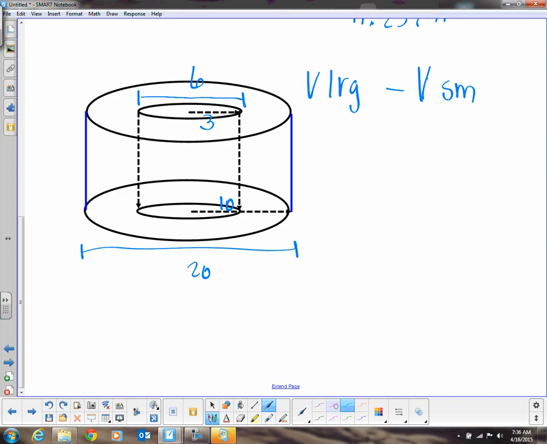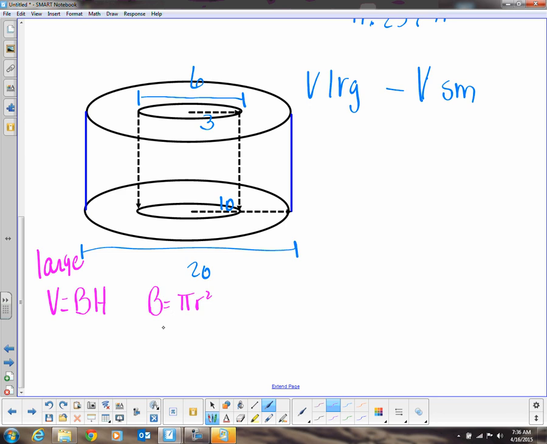All right, this is a cylinder. What volume formula should I be using? Capital B, capital H. And what is the shape of the base? Circle. And so what is the formula for a circle? Pi r squared. All right, we're doing large first.